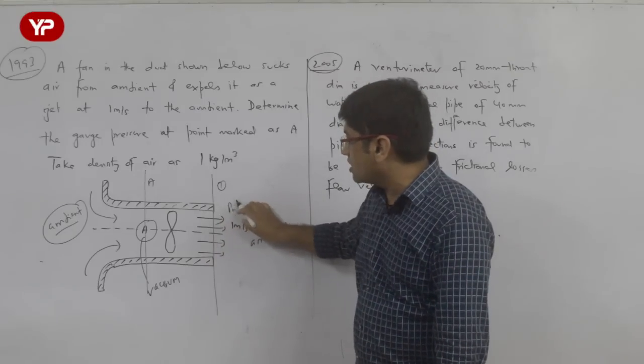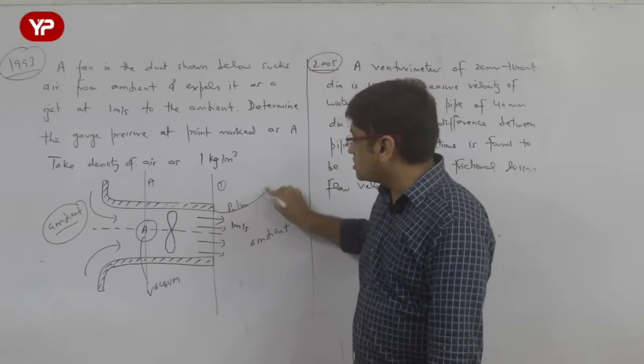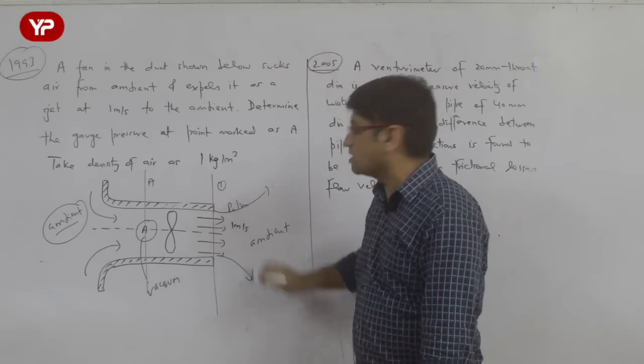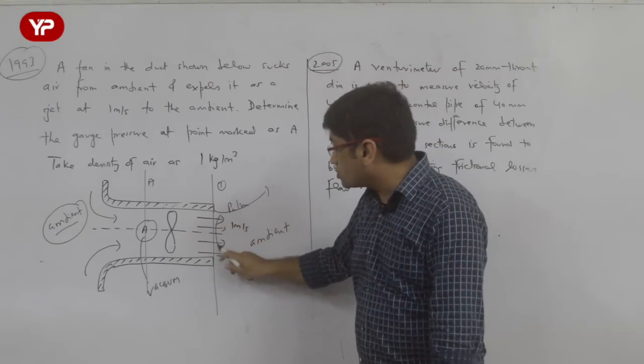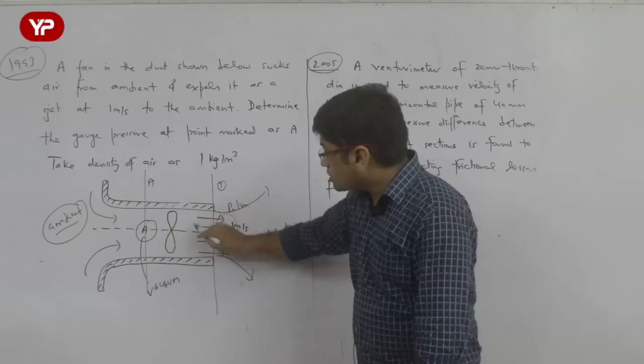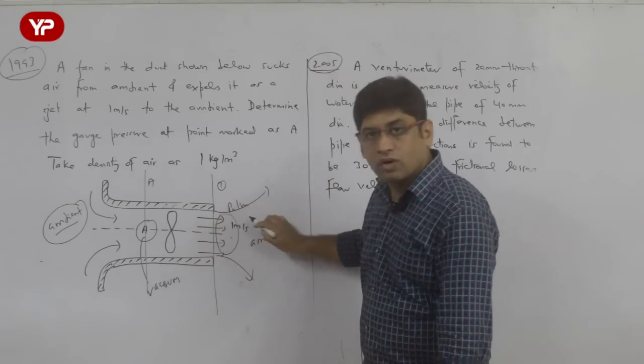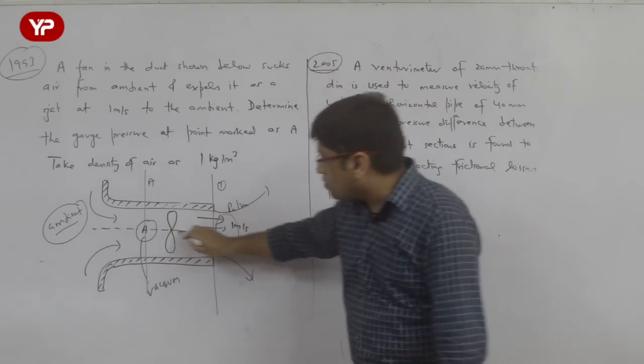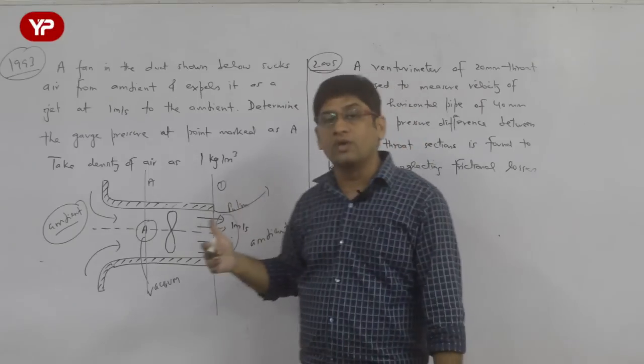Section 1, if I am considering atmospheric pressure, is also an infinite area section. So you cannot say the velocity of the jet at section 1 is 1 meter per second. If the velocity of the jet is given in this duct as 1 meter per second, throughout the duct the velocity is going to be the same because of the continuity equation.